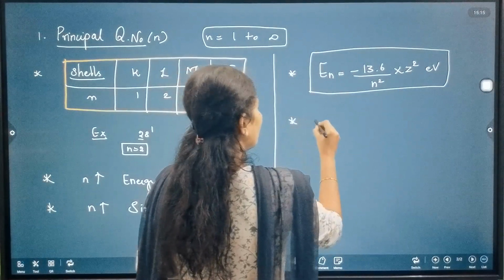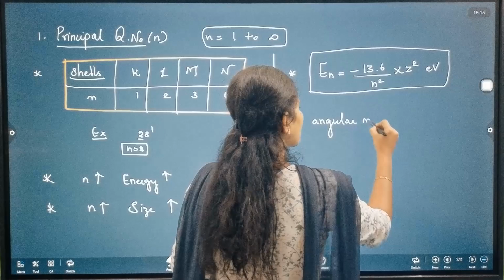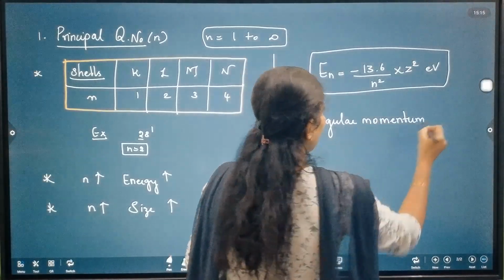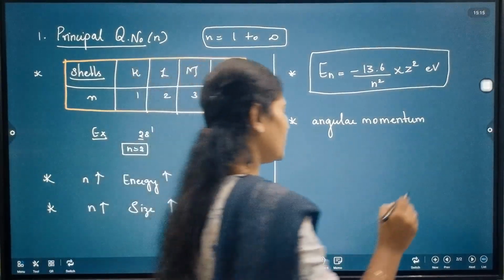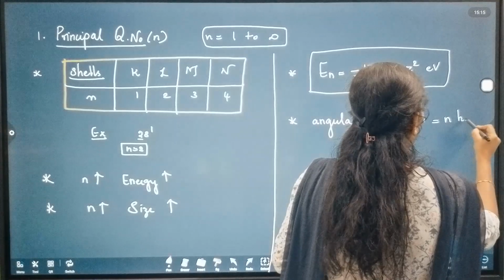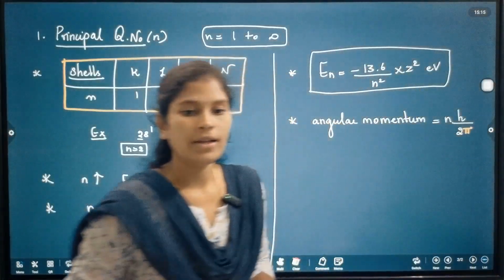Then we can calculate angular momentum. Angular momentum of any electron in a particular orbit or shell must be equal to an integral multiple of h by 2 pi. So here the n is nothing but the principal quantum number.